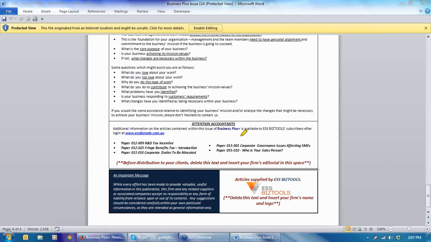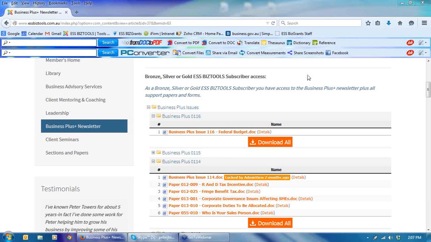So if you wanted to know more about who is your salesperson, you could read that article so that when you're talking to your client or prospect, you are well briefed on the subject. So that's how the newsletters work.